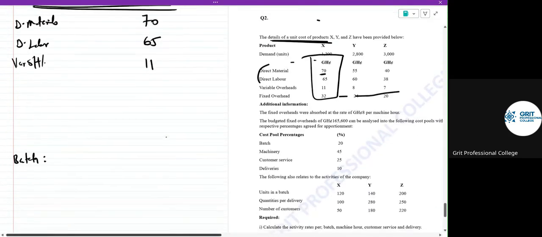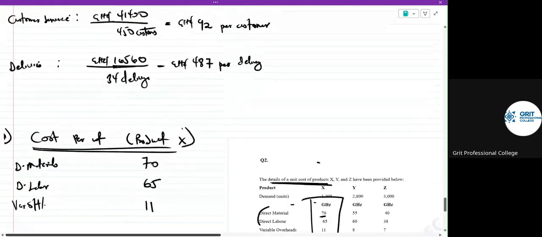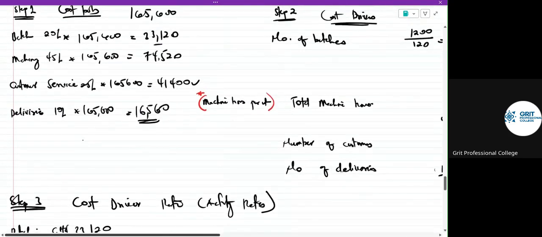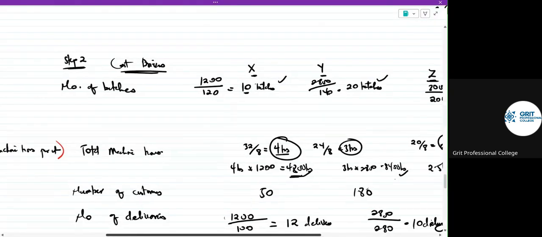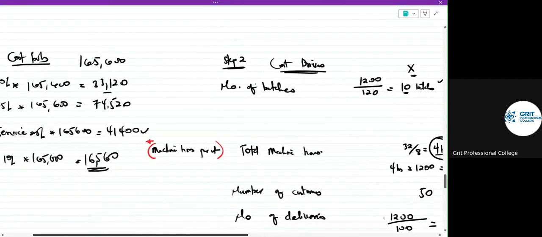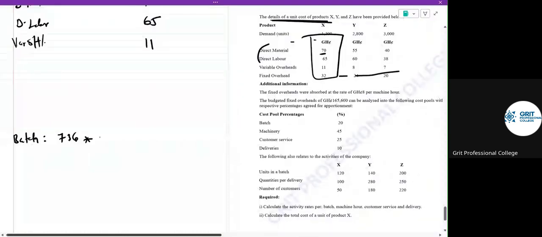So we'll take the 736, and then we are going to ask, when we come to product X, how many batches did we have to produce to generate the cost that we have? So it was 10 batches, right? So 736 by 10, and that was X's share, 7360.